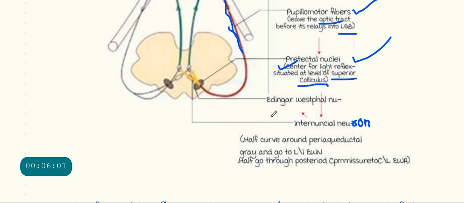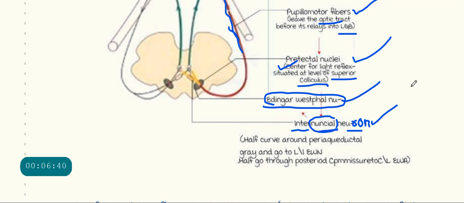Very simple. Further, it will transmit the sensation to the internuncial neuron. Internuncial means nothing but the nucleus. This internuncial neuron again transmits it to a very important structure known as the Edinger-Westphal nucleus, and it further transfers.